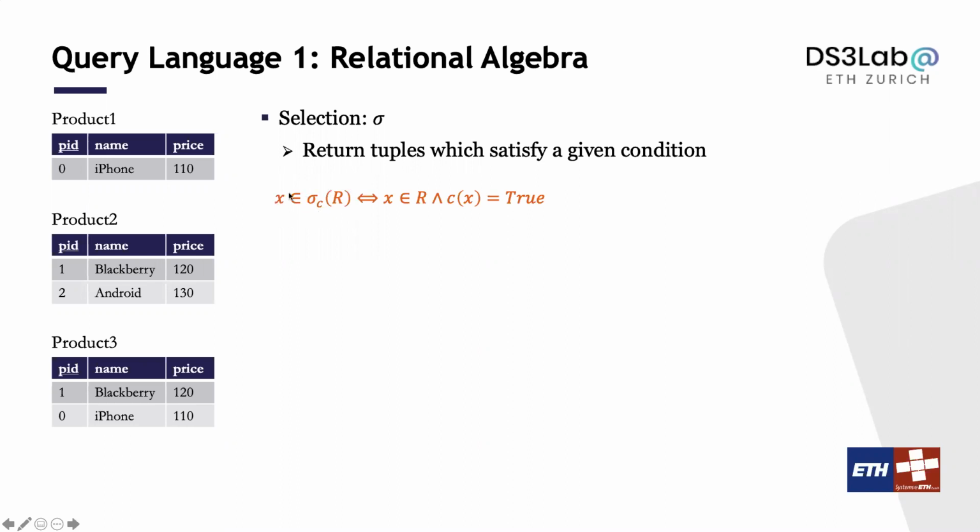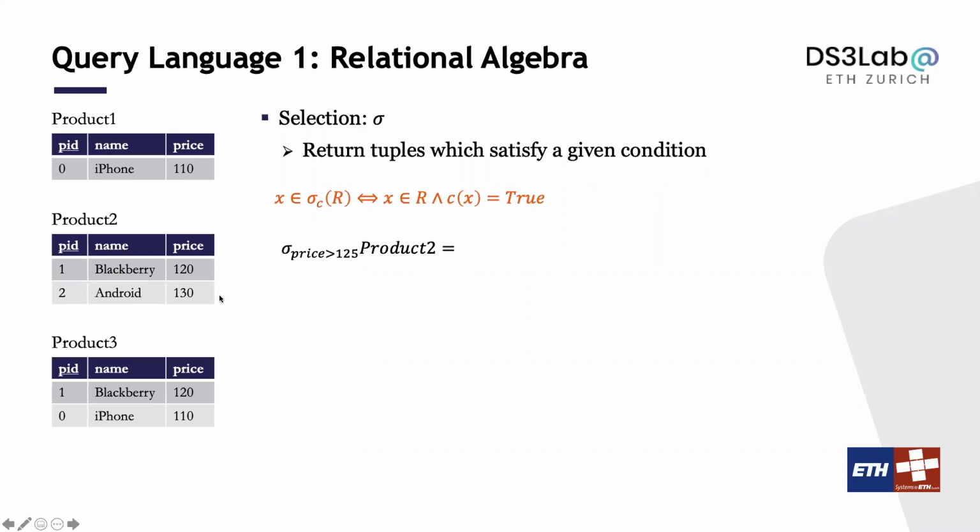A tuple is in the result if and only if, first, this tuple is in the original relation R, and second, this condition is true. So let's look at one concrete example. If I have a query that looks like this, a selection operation with condition price larger than 15, over product 2, what will be the result?